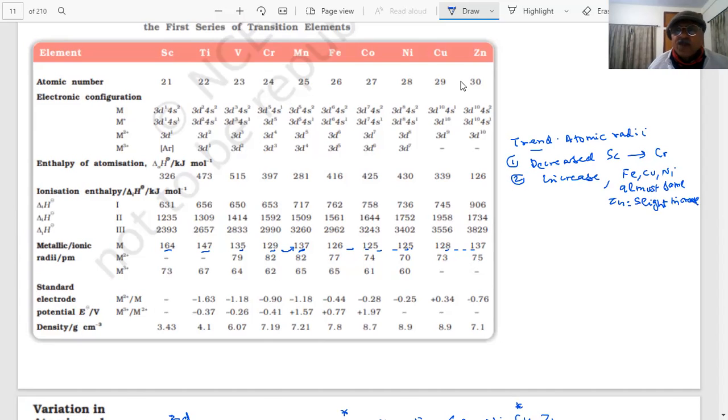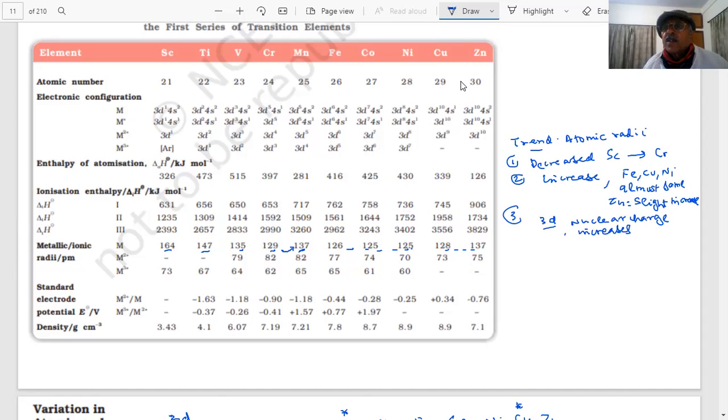How will we explain this trend? First of all, when we are adding one electron in the d subshell, the electron enters the same subshell, 3d, and the nuclear charge increases.